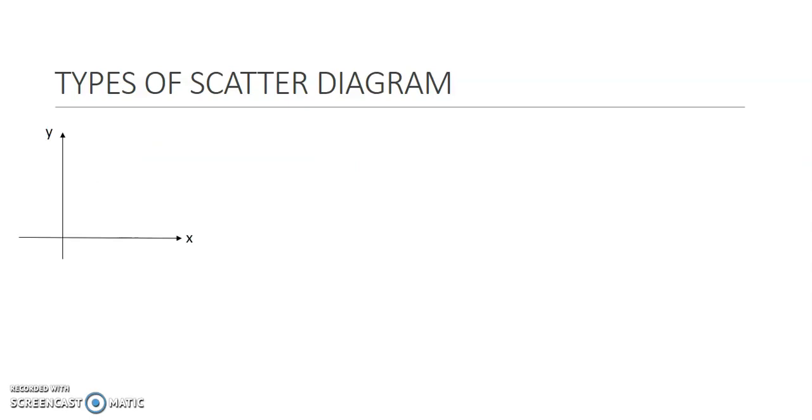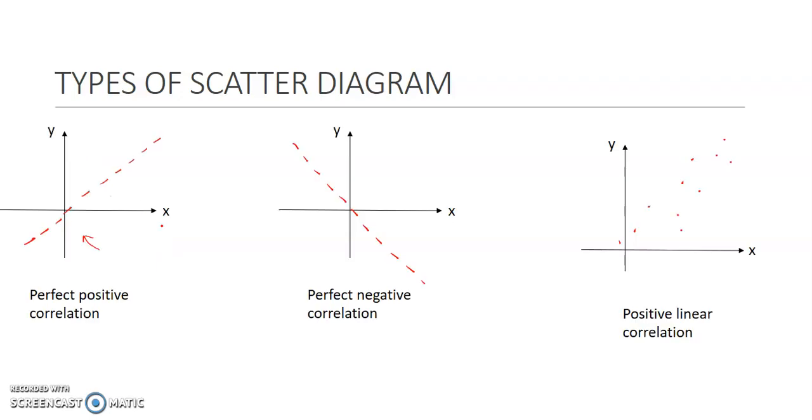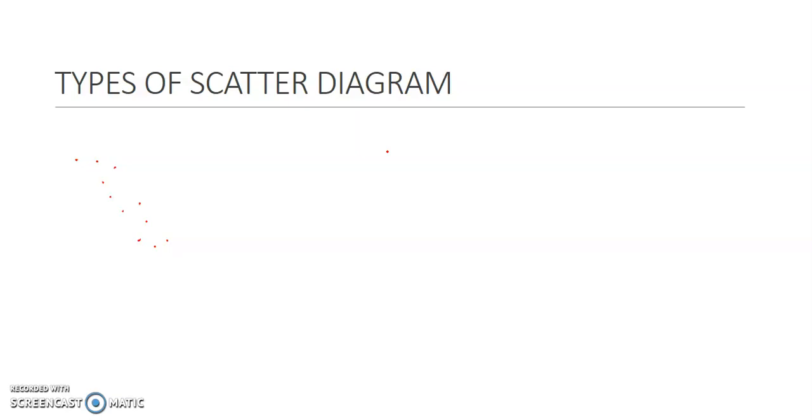Next type is when you have something like this, where the pattern is decreasing, but not a perfect decreasing pattern like this, but it is still decreasing. So for this one, the two variables have a negative linear correlation or negative linear relationship.